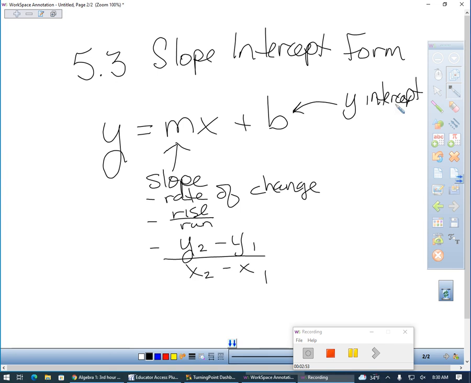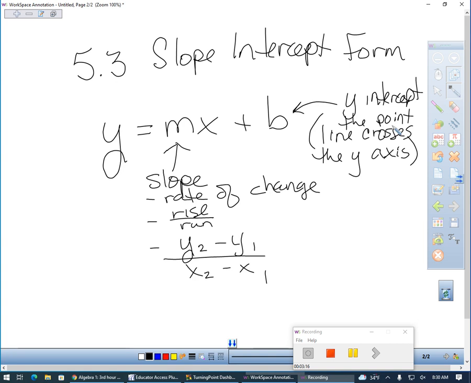The y-intercept is where our line crosses the y-axis. All right, that's what the y-intercept represents. It's where the line crosses, or the point, I better put, the point where the line crosses the y-axis.